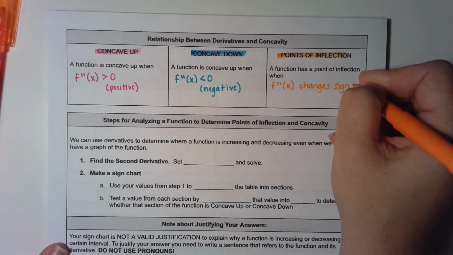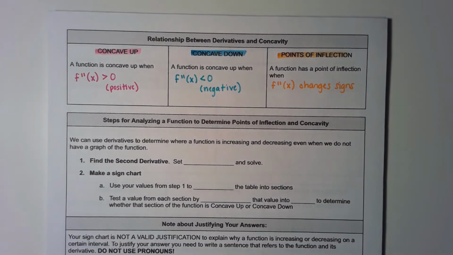Now you'll notice that unlike critical points, we did not say that a point of inflection happens when the second derivative is equal to 0 or undefined. It has to be a place where the second derivative changes signs in order to be a point of inflection.